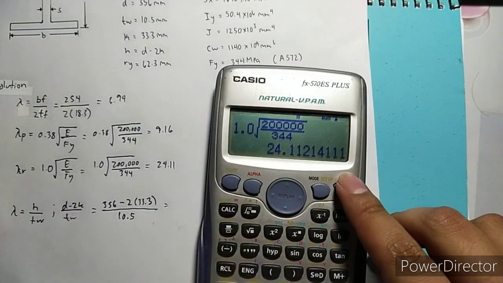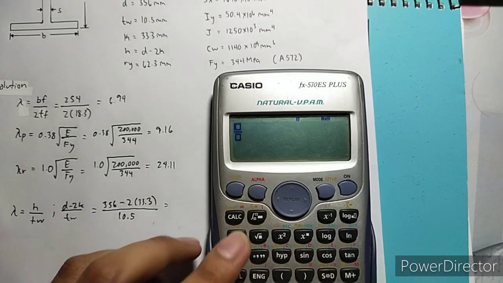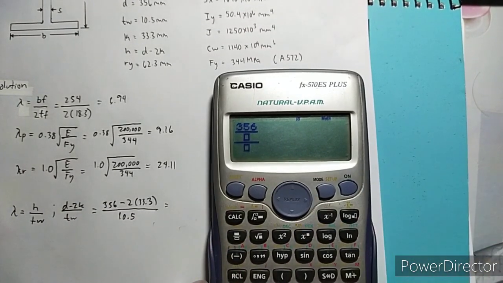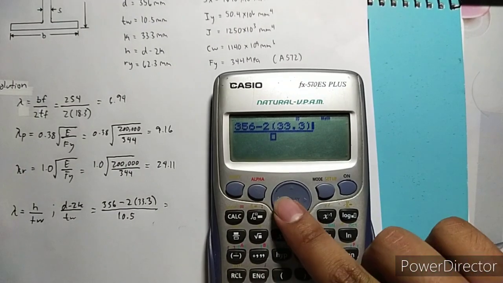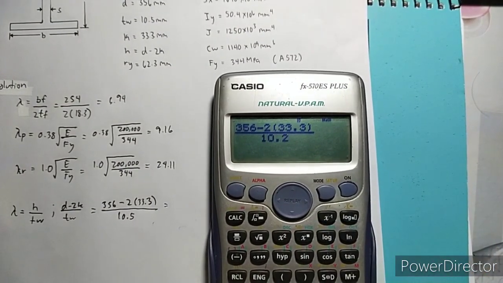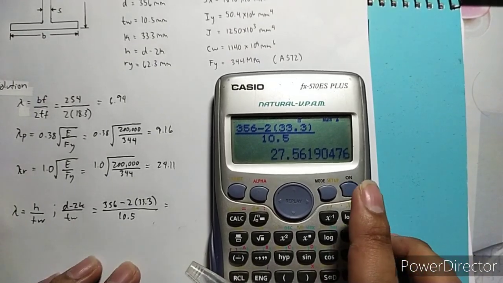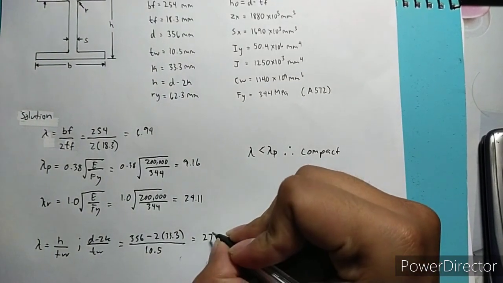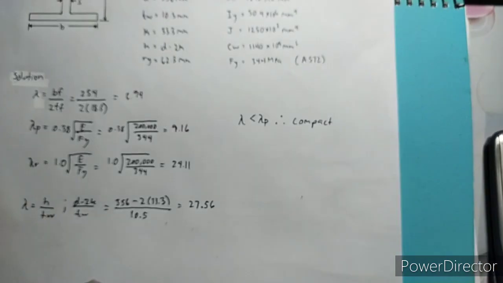By calculating, 356 minus 2 multiplied by 33.3 over 10.5 equals 27.56.